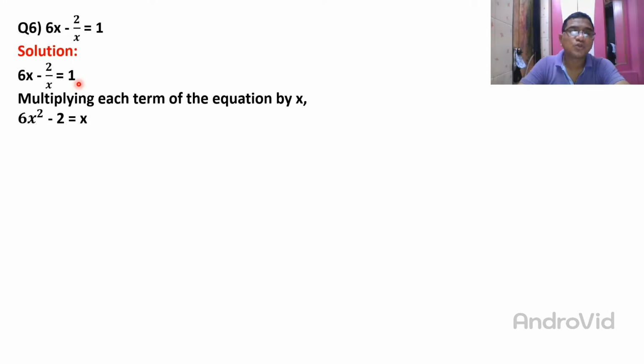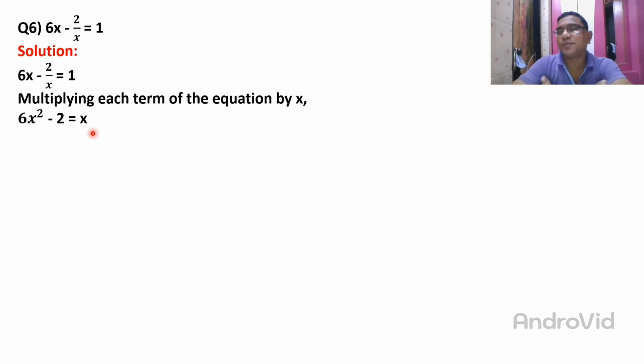Here 6x into x, you are getting 6x square, minus 2 upon x into x. This numerator x and this denominator x cancel, so here also write minus 2. So 6x square minus 2, and 1 into x is x.